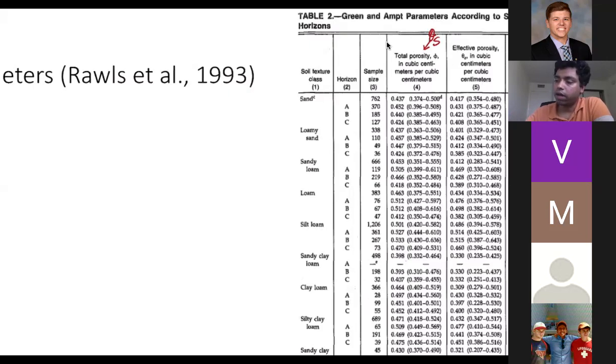Then this is capillary suction. And then also this is hydraulic conductivity, or K saturated. All these numbers are given. So imagine you have a site and you know the soil type, you go back to this table and you'll be able to find the infiltration rate at different times.